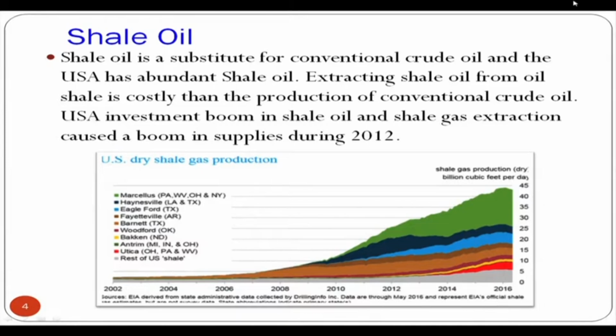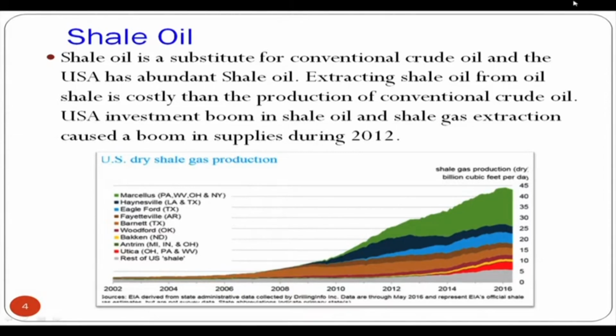Before I go to this particular slide, I would like to mention that shale oil was always produced in USA. USA has abundant volume of shale oil and gas. However, the improvement in fracking technology has made it possible for US companies to extract shale oil at a reasonable rate, at a reasonable cost.